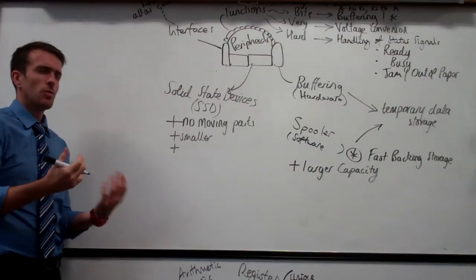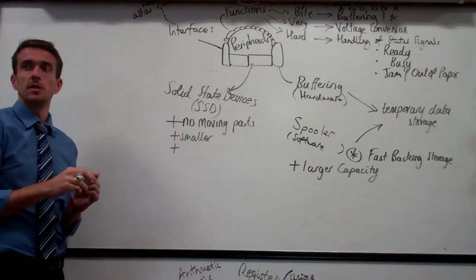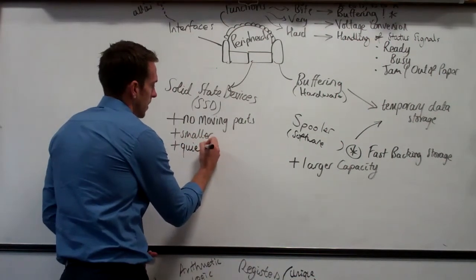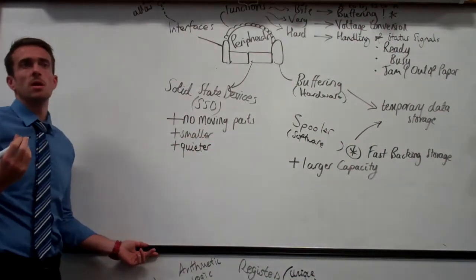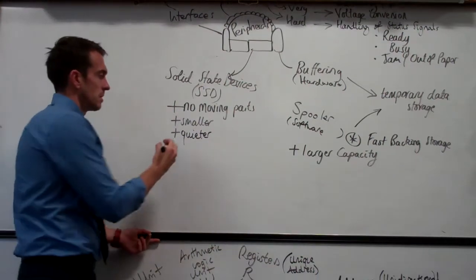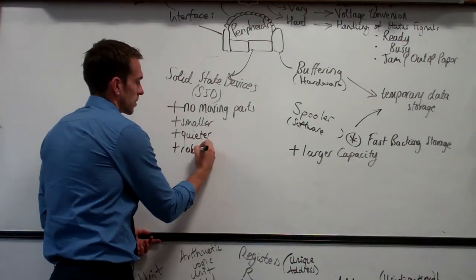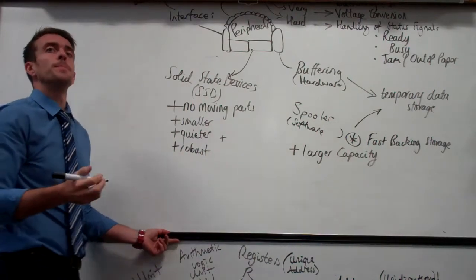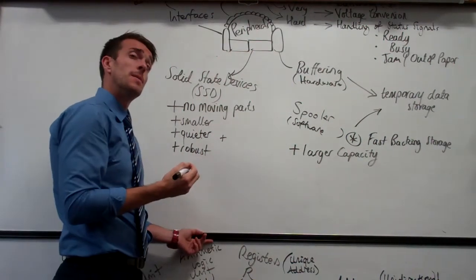They're spinning. What else would that mean then? There's a couple of more advantages, yeah. Quieter, because there's no moving parts as well, yeah, quieter. If there's no moving parts to power, more robust, that's a good one, because there's no moving parts, robust. What about in terms of having to power it?